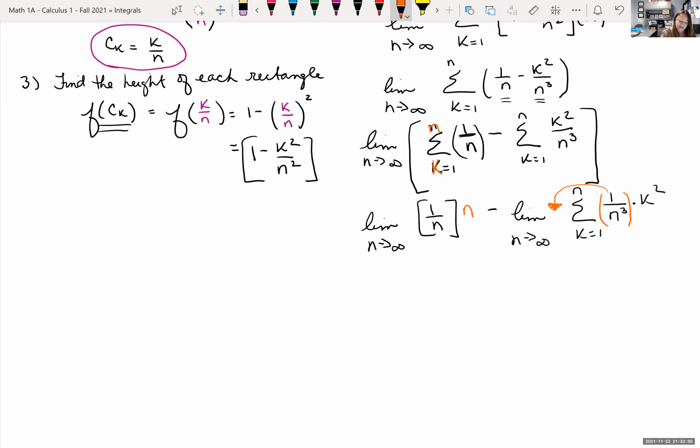So this first piece, n times 1 over n for that limit, is the limit as n goes to infinity of 1, minus the limit as n goes to infinity of 1 over n cubed times the summation k equals 1 to n of k squared.